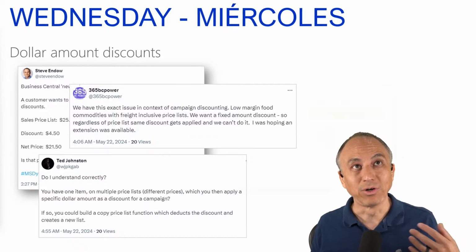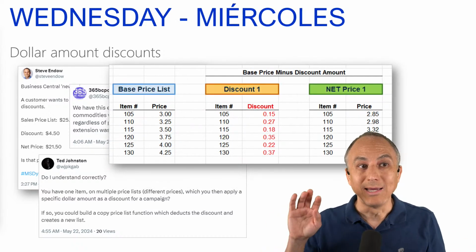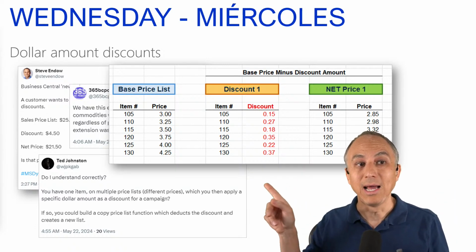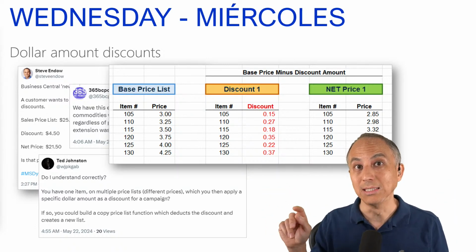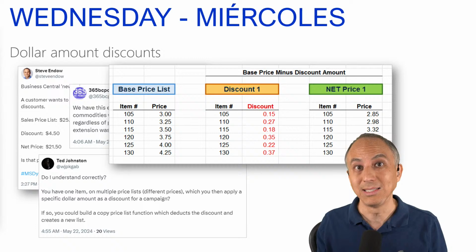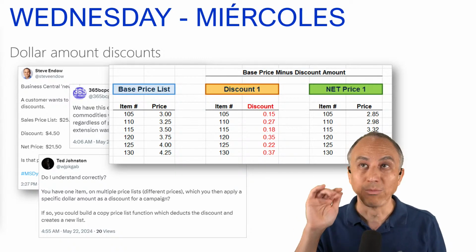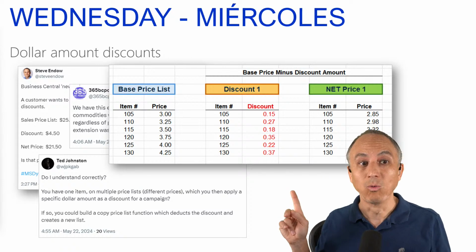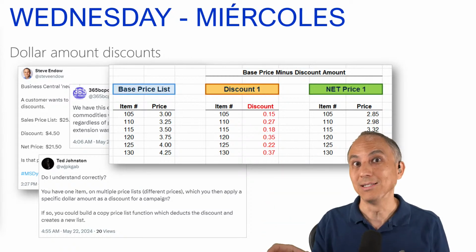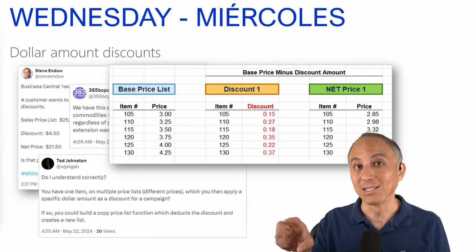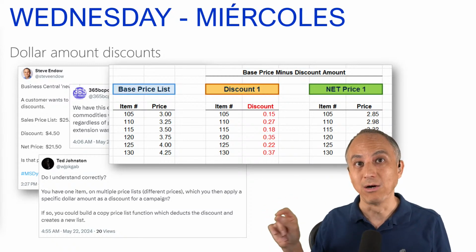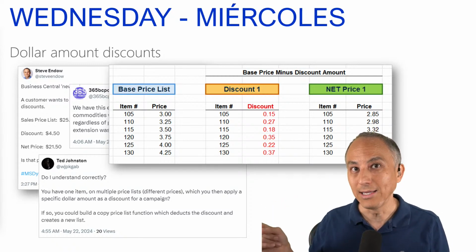And after thinking about it, I am thinking we could maintain the base price list, and that would be the commodity prices that the customer maintains. So if eggs go from $3 to $4, they update the base price list. Then a discount list, which is like a fake price list. Instead of having prices, it tracks the discount, the fixed price discount per item.